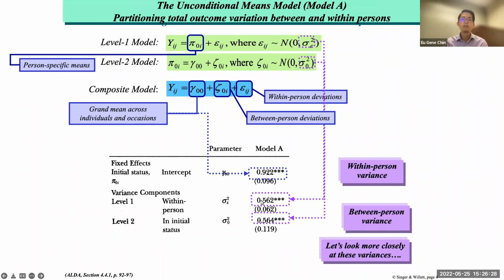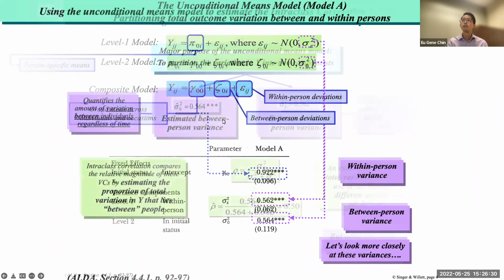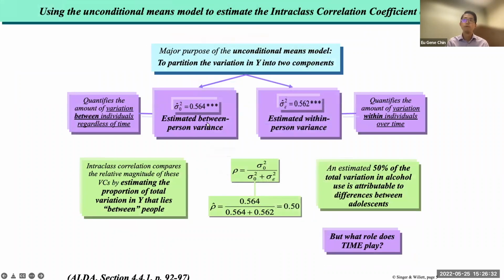Why do we do this? The estimated between person variance and within person variance give us a sense of how much variation at level 2 we can try to account for by adding more predictors at level 2, and how many more predictors we can add into level 1 to account for within person variability.